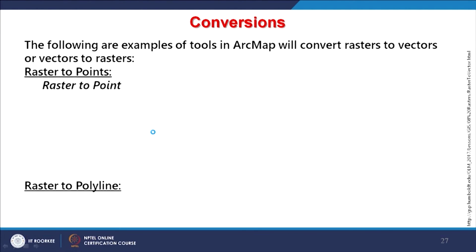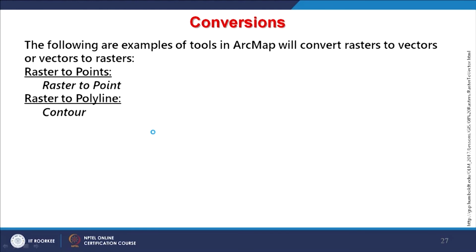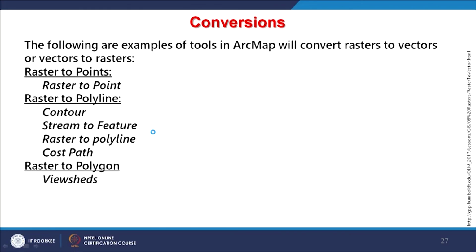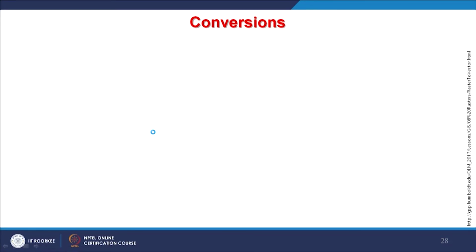So, there are tools available: you can convert raster to polygon, raster to point, contours, streamlines, features. When you have to calculate cost part and other things, then always go for vector. Raster to polygon is also required when we are working on viewshed and watershed analysis. Raster to polygon is also required elsewhere.